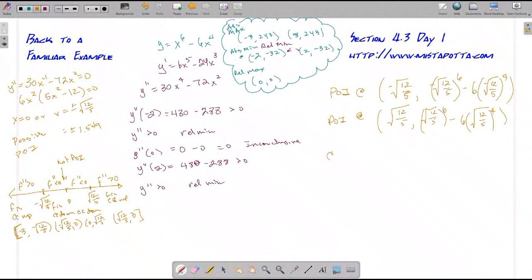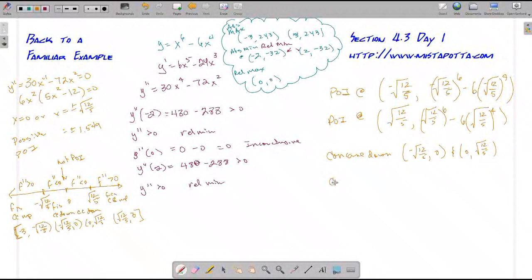I'm concave down on the interval from negative root 12/5 to 0, and from 0 to positive root 12/5.